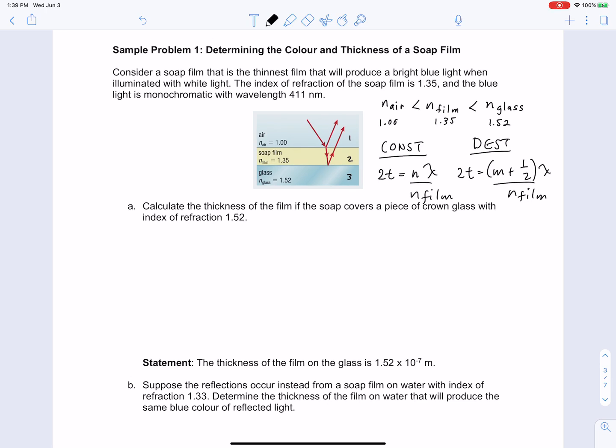In this example, they want us to calculate the thickness of the film if the soap covers a piece of crown glass with an index of refraction of 1.52.